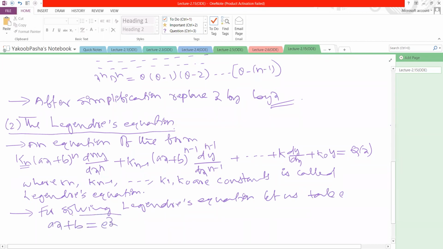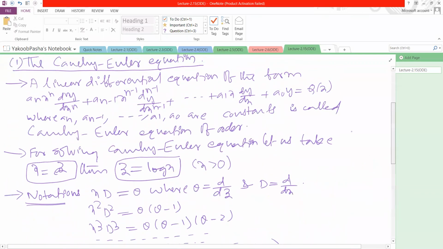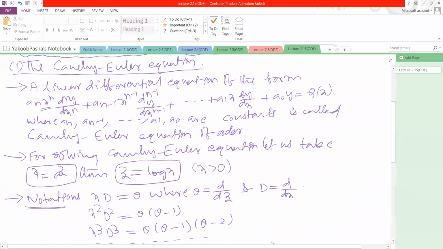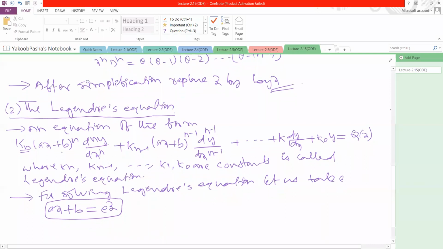In the previous Cauchy-Euler equation, we took just x. There, the coefficient of d power n y by dx power n is x power n, so we took x equal to e power z. Here the coefficient of d power n y by dx power n is Ax plus B whole power n, so we have to take this term, Ax plus B is equal to e power z. Then in this case z is equal to log of Ax plus B.